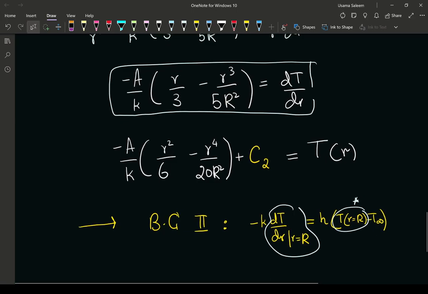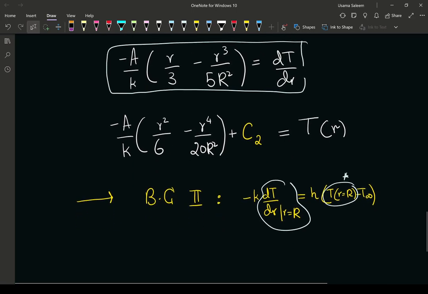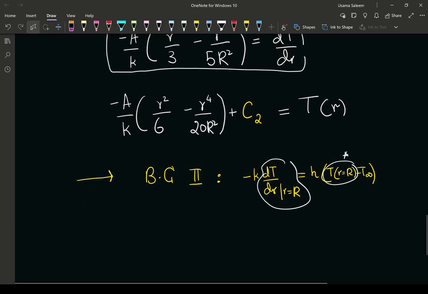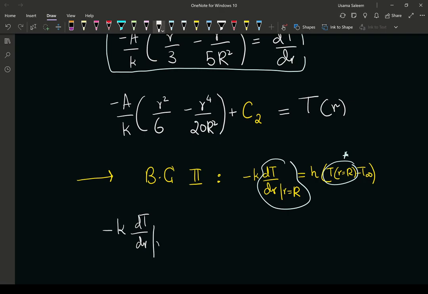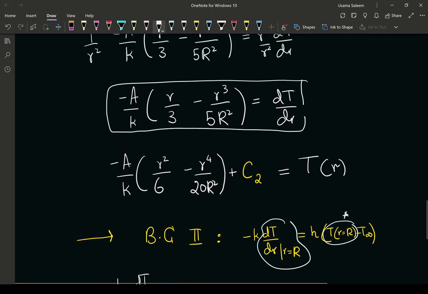So let's see how much I can cover in this part of the video. For this part, I'm just going to give you the derivative dT/dr evaluated at r equals capital R. So you have this term over here.